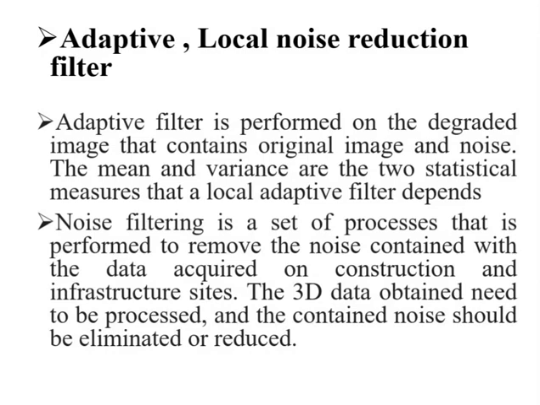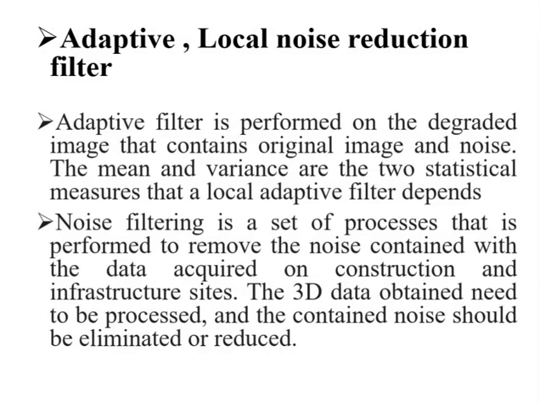A high local variance typically is associated with edges, and these are to be preserved. If the two variances are equal, we want the filter to return the arithmetic mean value of the pixels in Sxy. This condition occurs when the local area has the same properties as the overall image, and local noise is to be reduced simply by averaging.